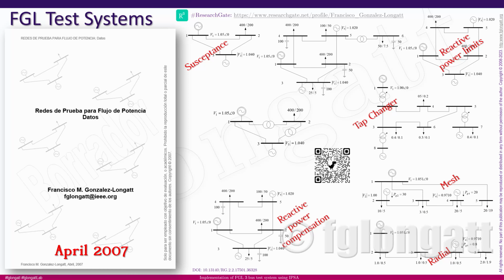I must be honest, the idea behind the test system, the FGL test system, started in 2007. However, the original idea probably started a few years before. For 5 to 7 years, I was a software developer creating new power system analysis software.